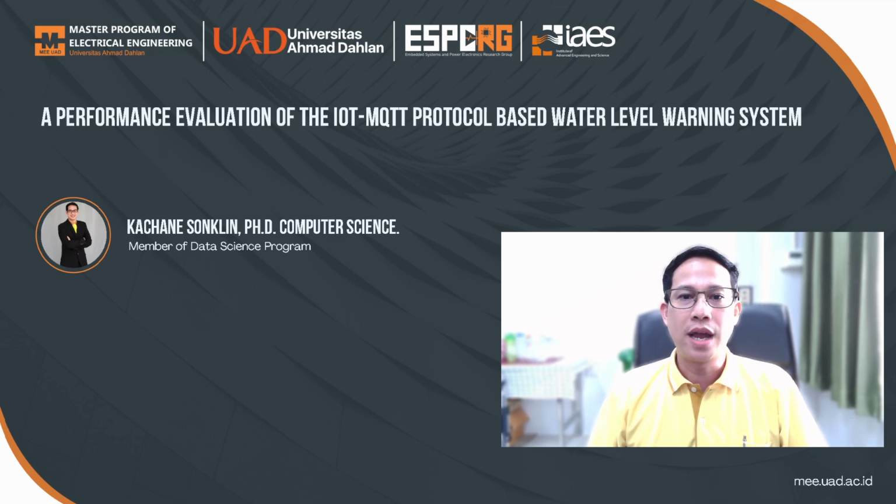In this paper, we have designed and assessed an IoT-based water level warning system employing the MQTT protocol, demonstrating marked enhancement in key performance metrics, including latency, throughput, packet loss rate, packet delivery ratio, availability, and accuracy with different data transmission rates.